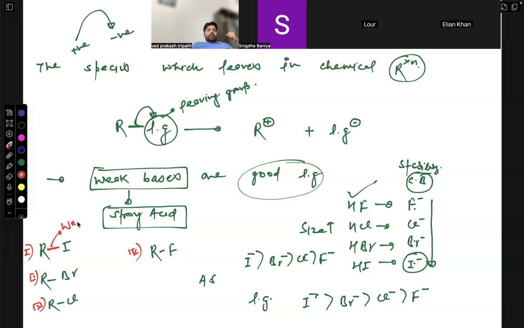So if it is weakest, it can break and R plus will form. So R plus would form faster than with Br, Cl and F. And this bond is the strongest bond. Strongest means bad leaving group. Bad leaving group. It makes sense? Tell me everyone. Perfect.